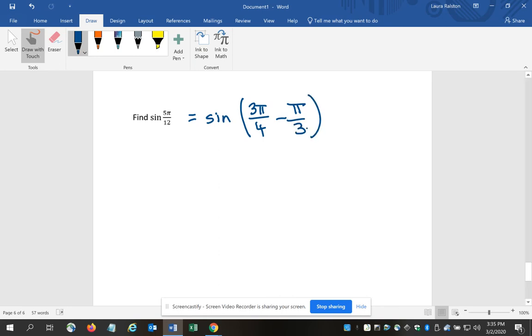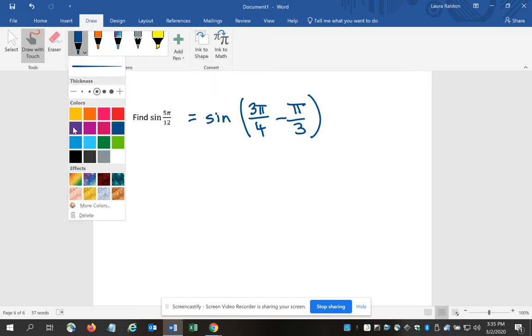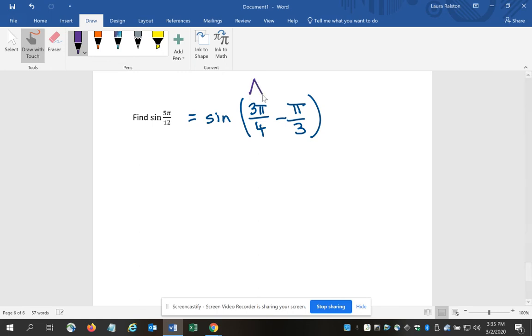Okay, and I have the angles of 3 pi 4ths and pi 3rds on my unit circle, because I'm trying to use values off the unit circle so I can have exact values. So the formula for the sine when you're subtracting, 3 pi 4ths would be my A, and B would be pi 3rds.